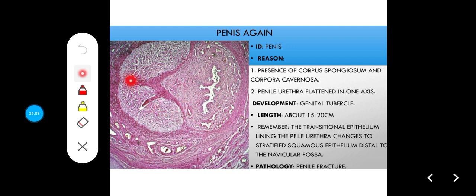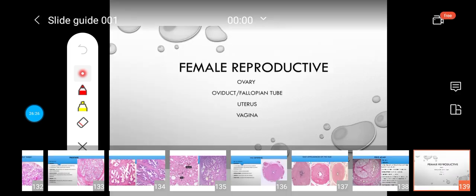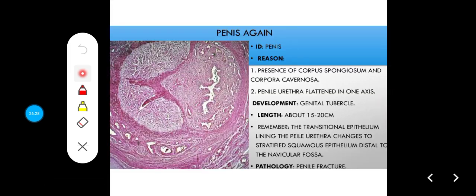So the penis is very easy to identify. The erectile tissues are covered by the tunica albuginea. And then you find the erectile tissue. So this is the classic monkey face appearance. So that's it for the penis.